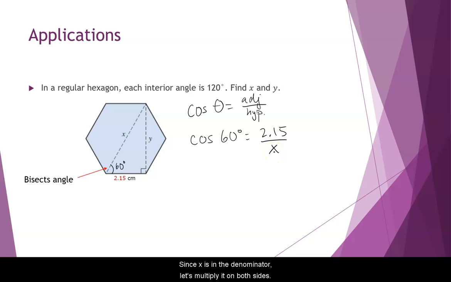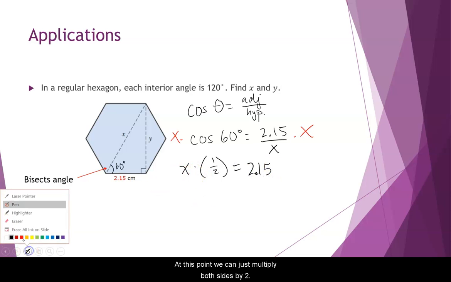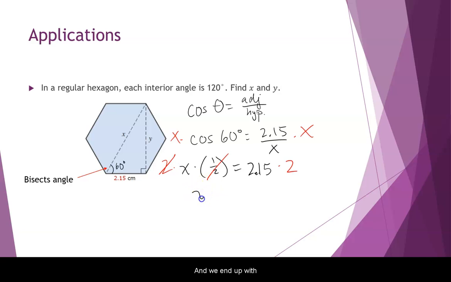Since x is in the denominator, let's multiply it on both sides. x times the cosine of 60. Actually, cosine of 60 degrees is just 1/2. So x times 1/2 equals 2.15. At this point, we can just multiply both sides by 2, and we end up with side length x, or the hypotenuse, is 4.30. x is 4.30 centimeters.